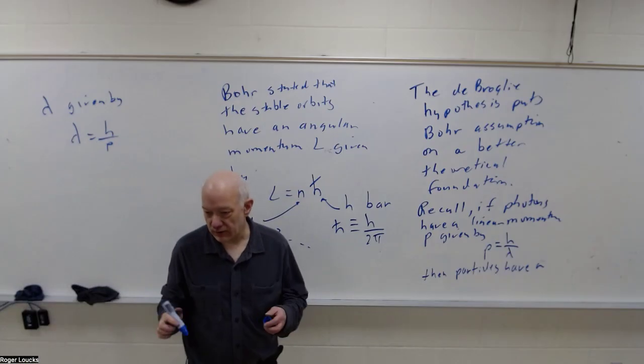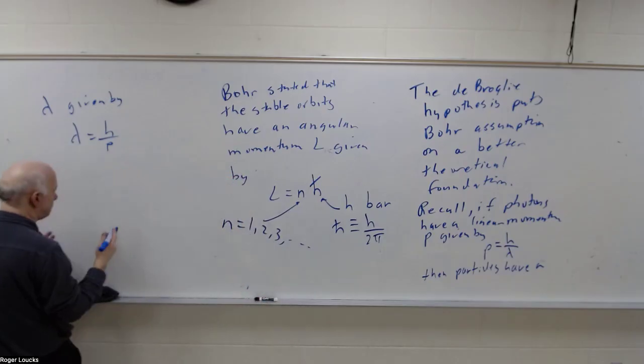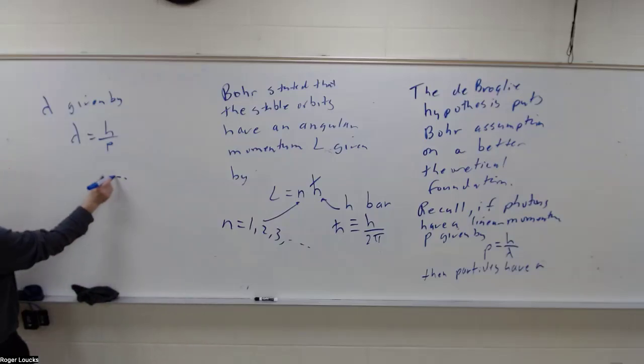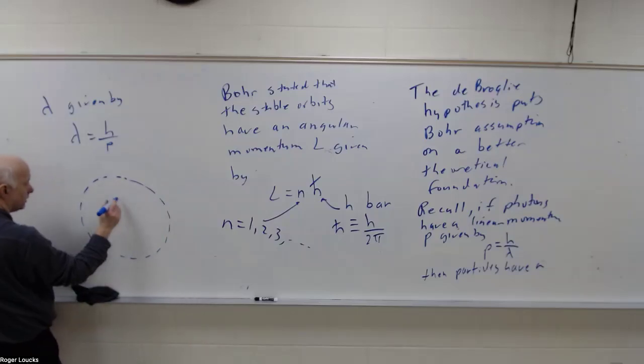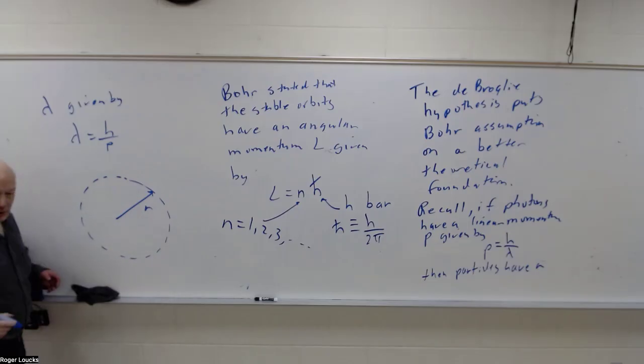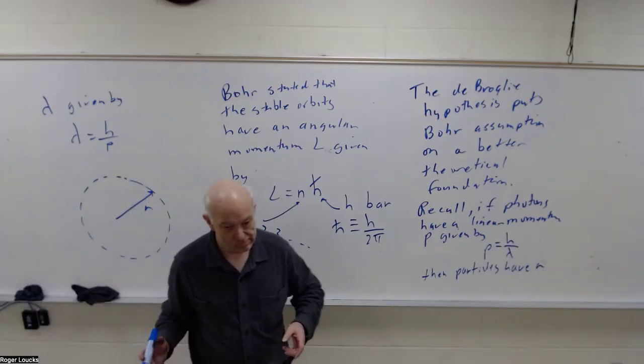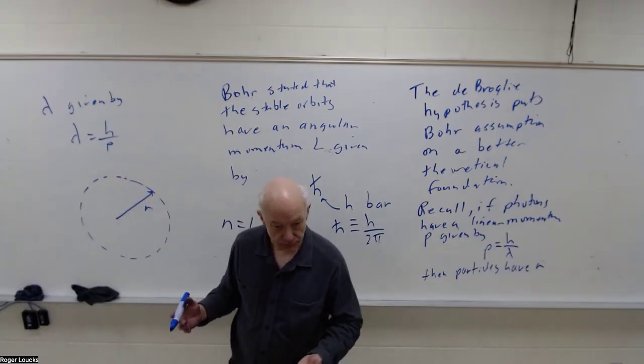Okay, so let me show you how this works. But here's a better argument for why this would be the case. So the circle, radius r. We have the electron moving around here. So what would the electron have? A wavelength.